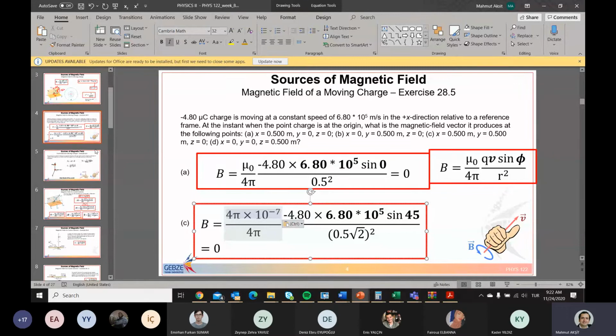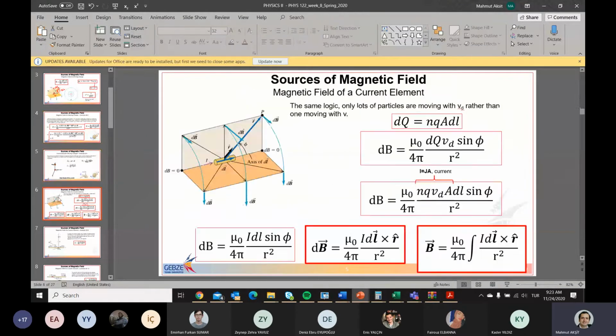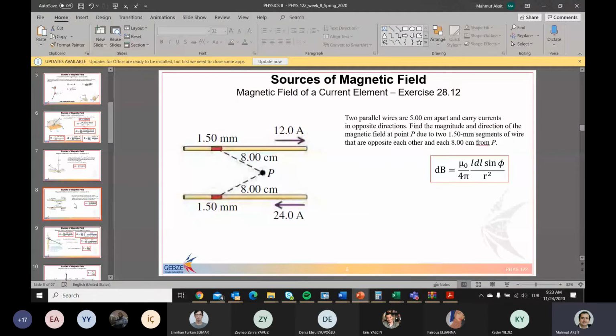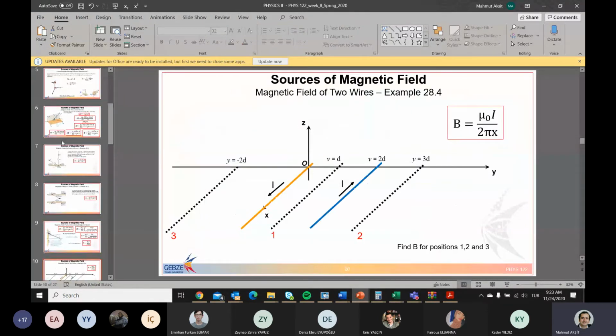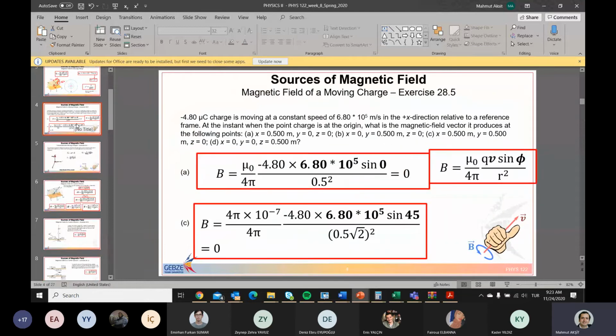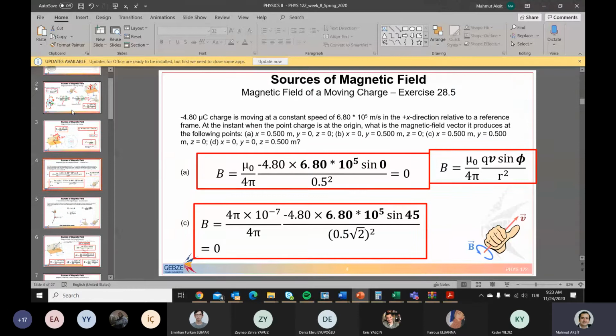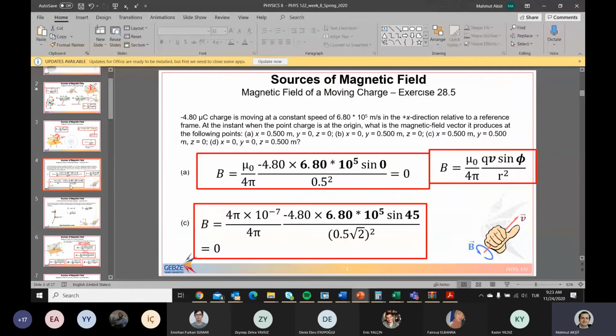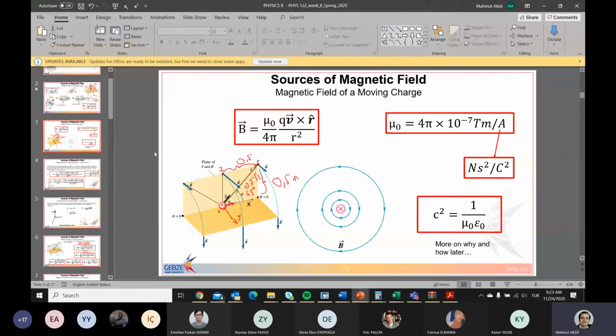And what would be the direction? So what would be the B field direction? Is it positive? It's a negative charge particle, right? Okay, so it's a negative charge particle. For a negative charge particle, you just reverse the direction that you may find here.